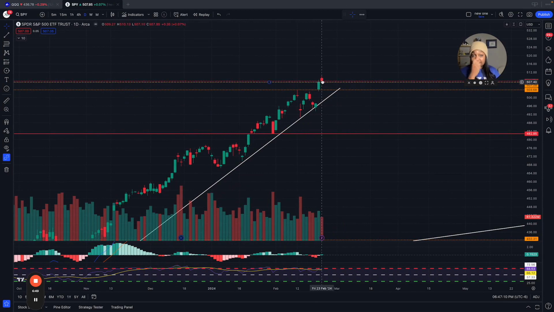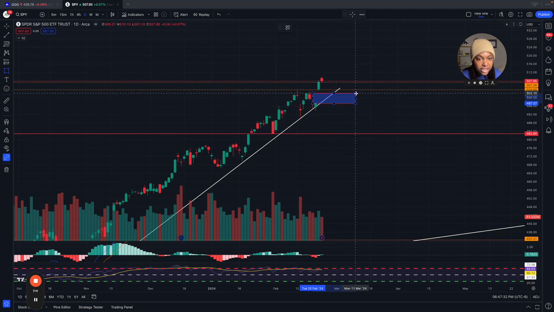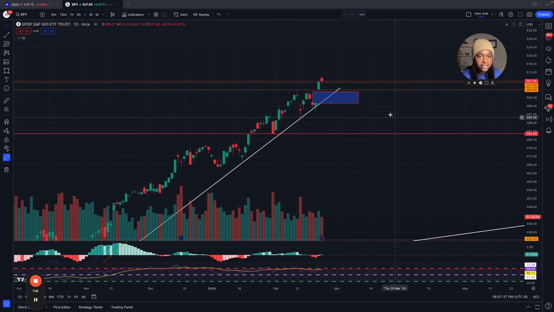Now, SPY did close higher on Friday than it did on Thursday. I still don't want to play it to the upside. Give me this pullback. I still don't. All right. So we do have this gap here from the 497 falling window, from the close of one candle to the first wick of the next candle.